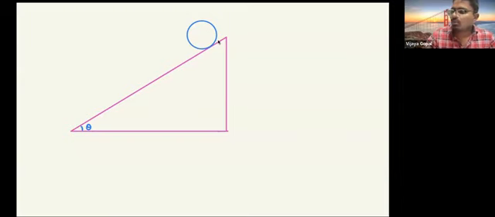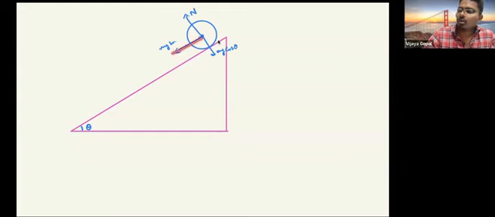When mu is 0, there is no friction. Then what will be the acceleration? No friction means it will just slide, obviously. Because of mg sin theta, and mg cos theta and N will get cancelled, right?